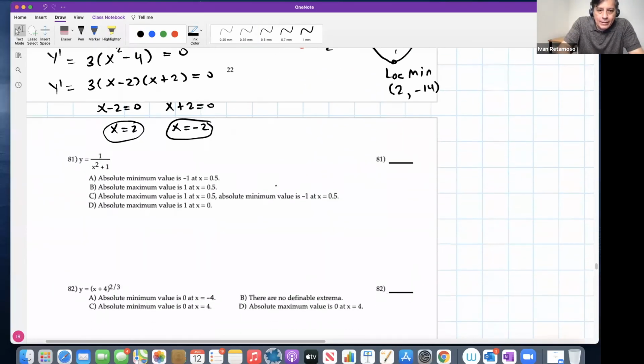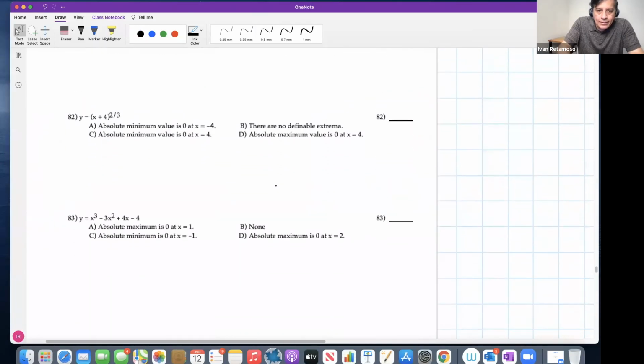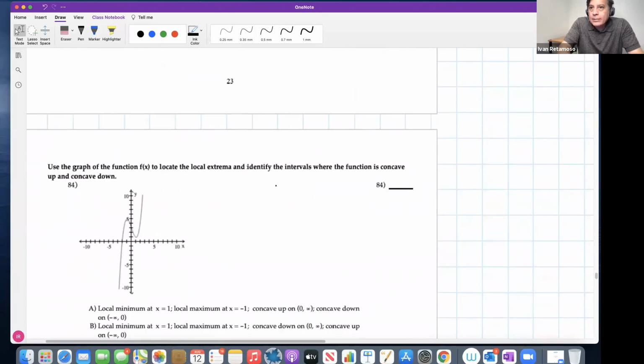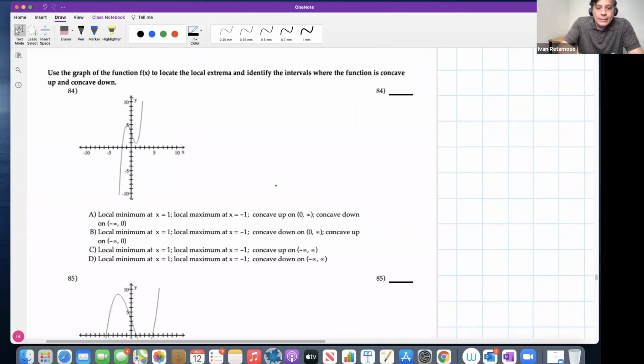Now this one's similar. Let's go over another topic. Let's talk about concavity. Let's make sure that we cover concavity. In the last lecture yesterday, I explained that concavity deals with how the curve curves, if it curves downward or if it curves upward.